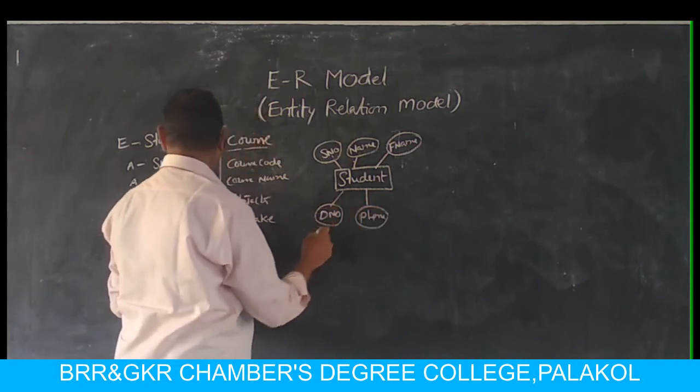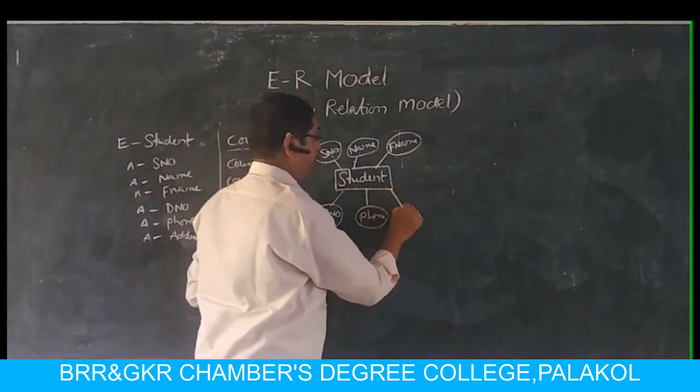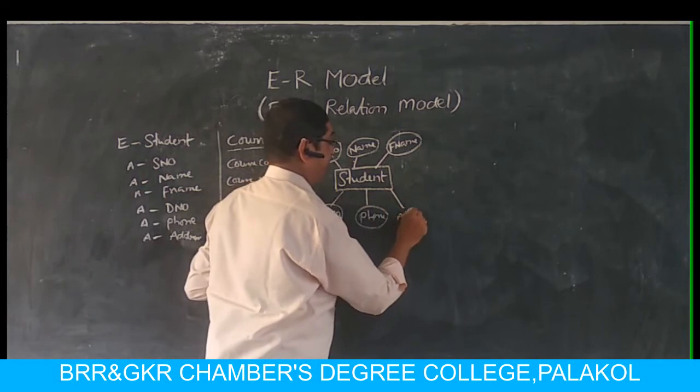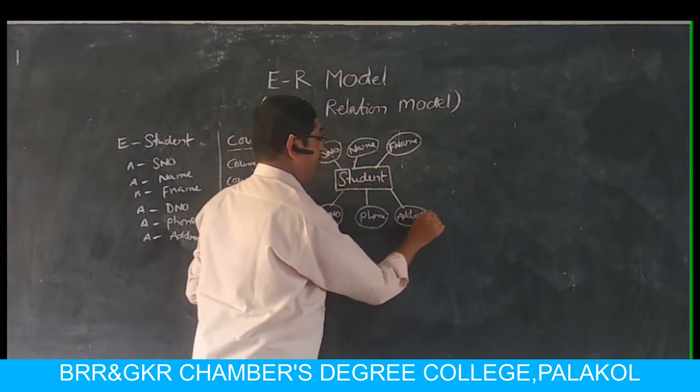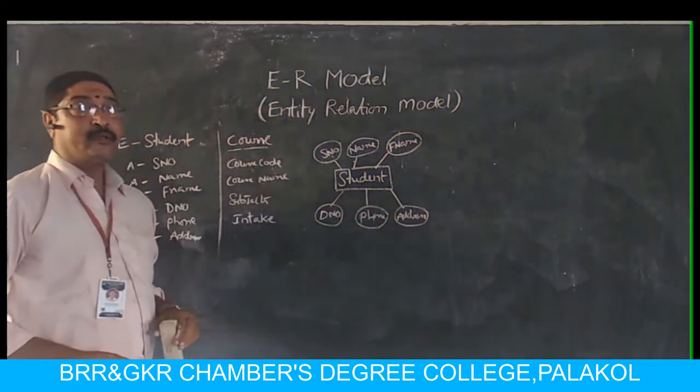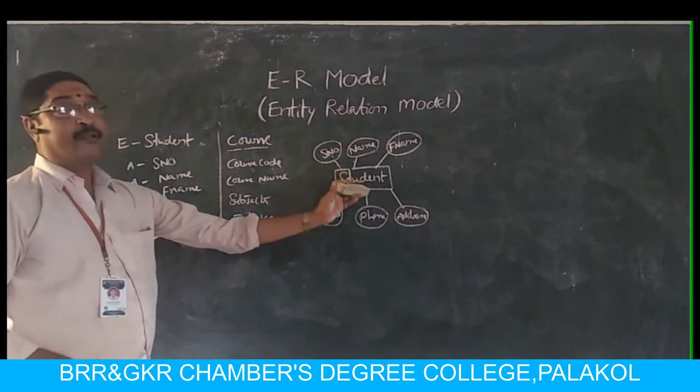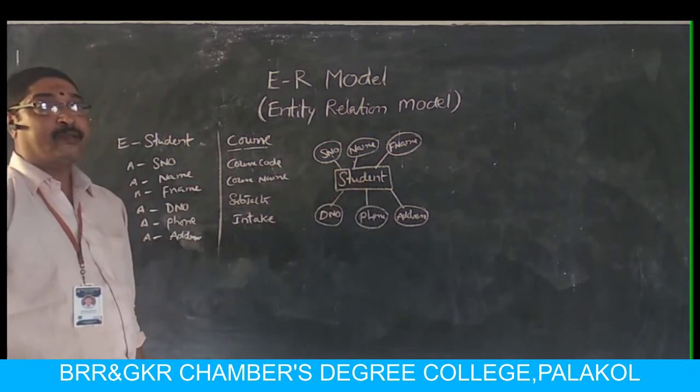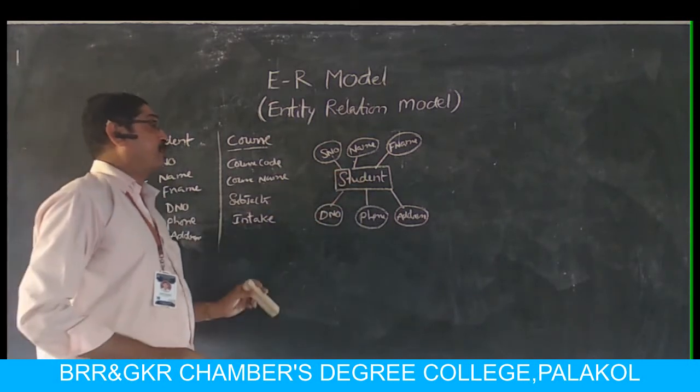You have to represent all the attributes like this. Address. So here I represented student like this. Student entity and its attributes.